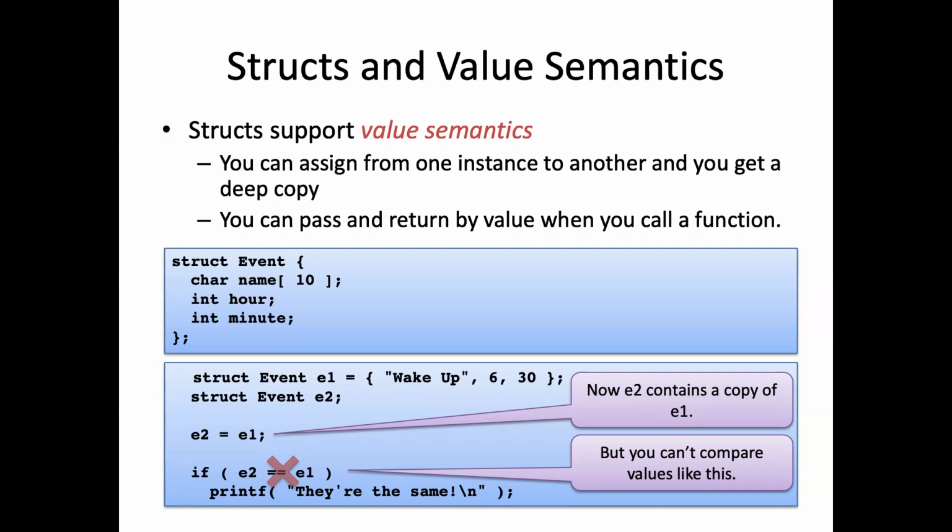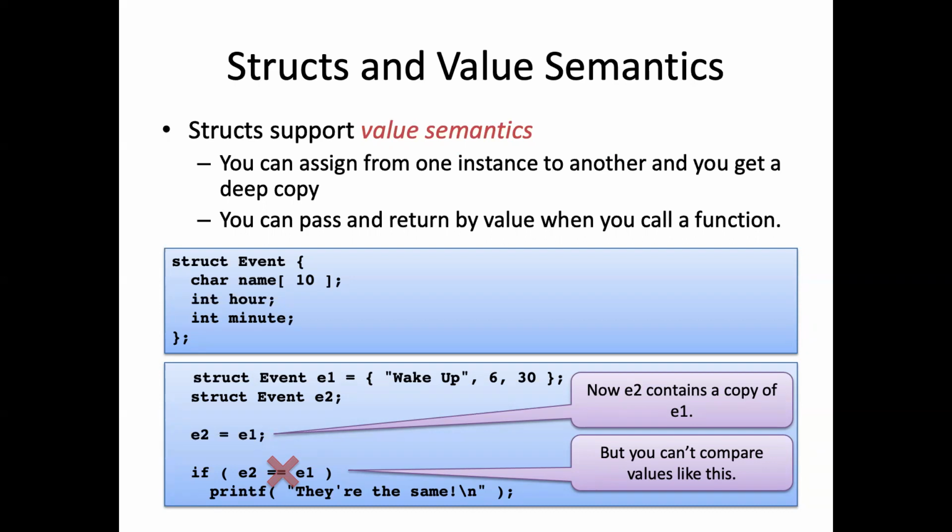You remember from Java, if you had 2 variables that referred to objects, they have what's called reference semantics. If you have a variable and you assign to another one, you don't get a copy of the object they referred to. You just get another way of getting to the same object. In C, when you define a struct, by default, you get value semantics for that.